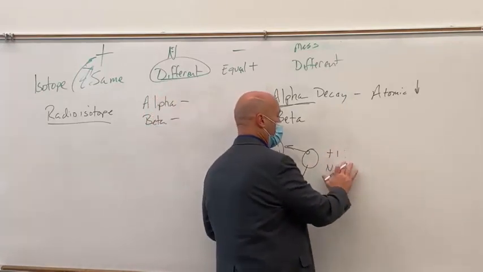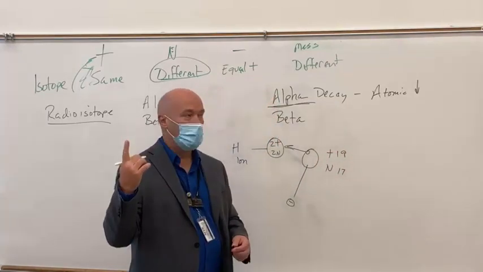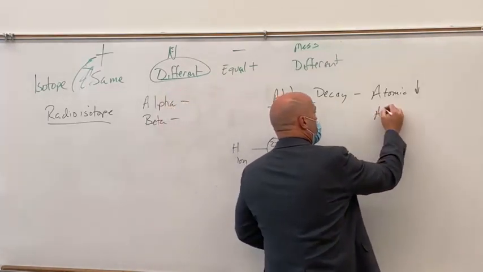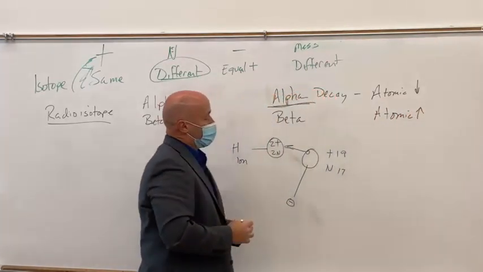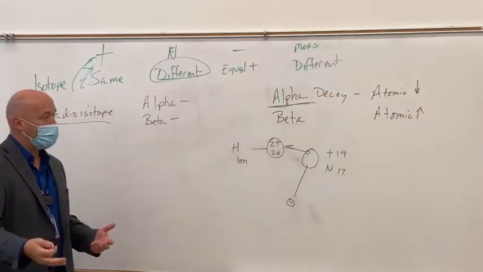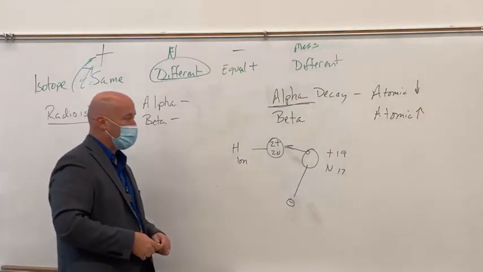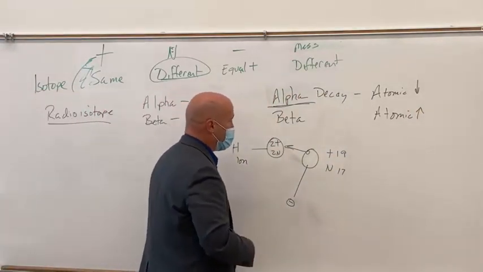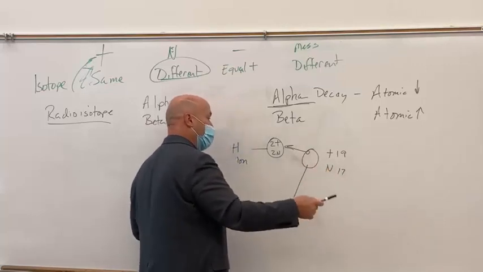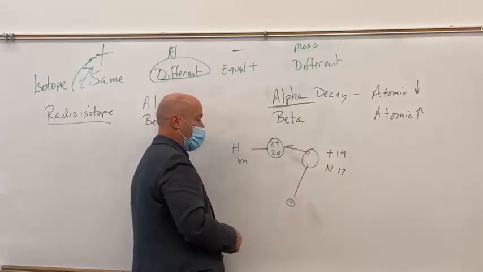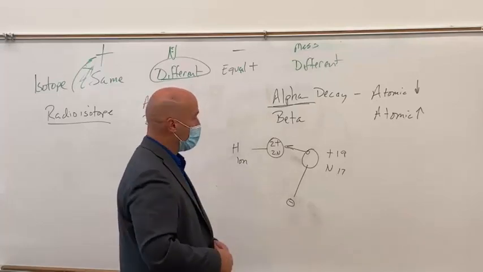Proton. So now what happened to our atomic number? It went up, right? So atomic number increases with beta emission. So we get a high-speed electron coming out of the nucleus of the atom. The neutron is converted to a proton because it loses the electron, and atomic number increases.